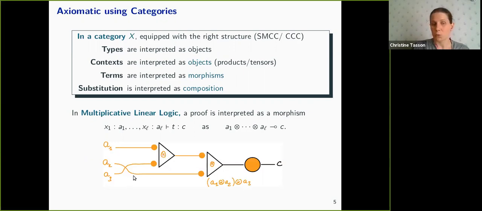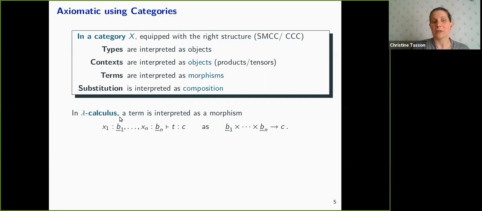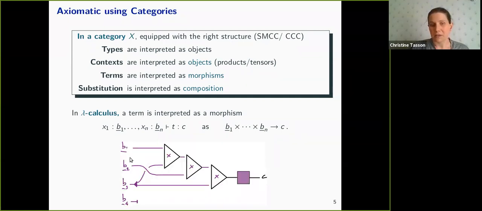I have the right to exchange the types in the sequence of input types, and then I apply a morphism. For lambda calculus, it's about the same thing, but I use a Cartesian product. So I will gather the types using the Cartesian product, and I have the right to use contraction and weakening, to duplicate types or to erase them.